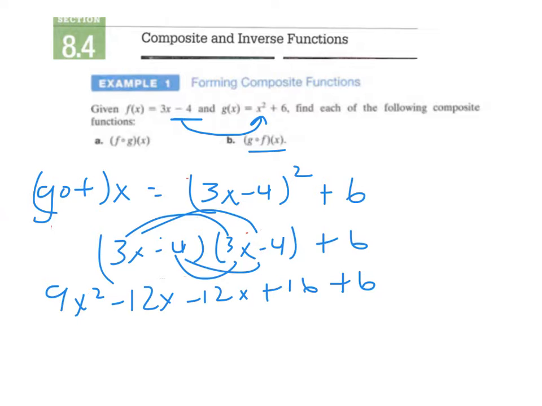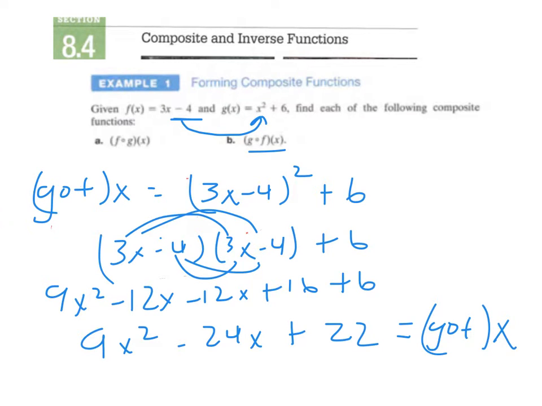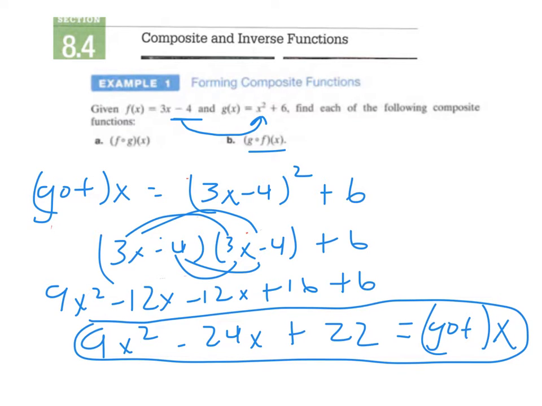So if I simplify this, that means combine like terms, I end up with 9x squared minus 24x, and these two added would be plus 22. And so that is what the g of f function, or composite, equals. So composite is just simply taking one function and substituting another.